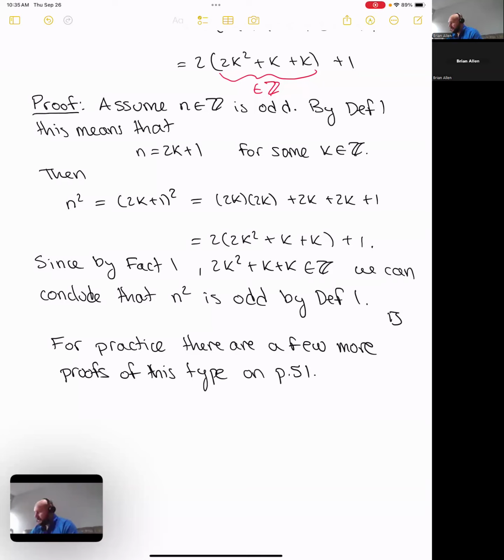Okay, so take a look if you want to see some more practice. And if not, then you can go to the worksheet problems and see how you do.